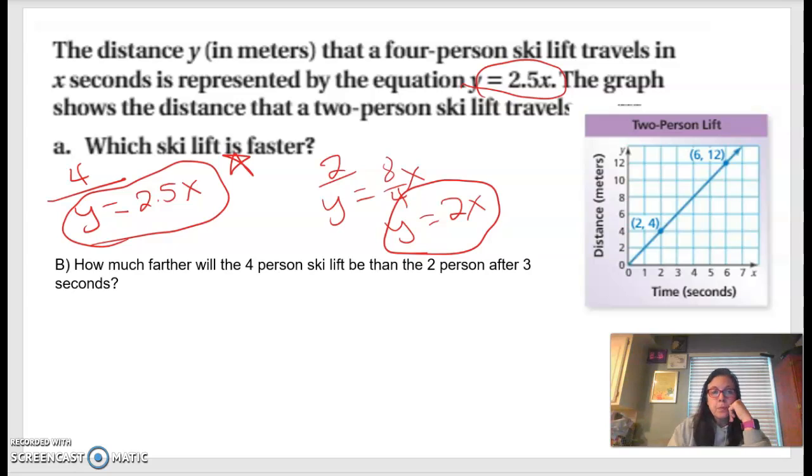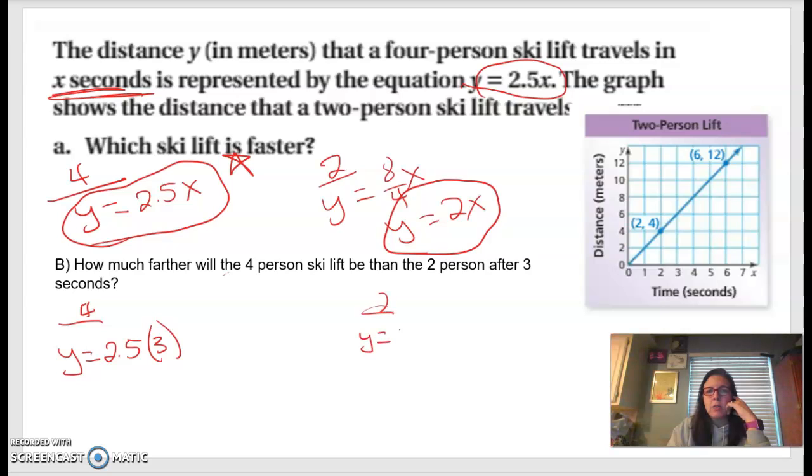So how much farther will the 4-person ski lift be than the 2-person after 3 seconds? So remember, x is our seconds. For the 4-person, we're going to put y equals 2.5 times 3, and for the 2-person, we're going to put y equals 2 times 3.